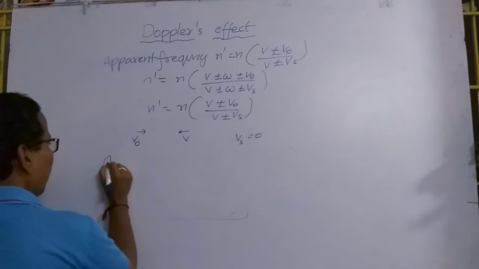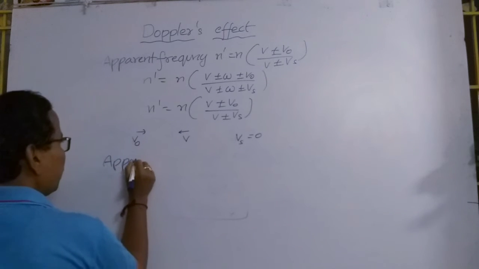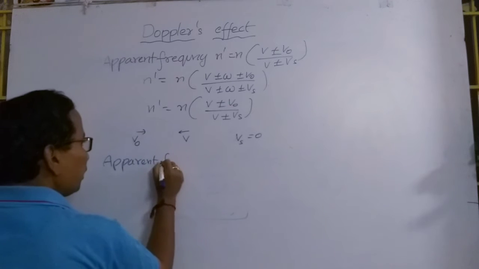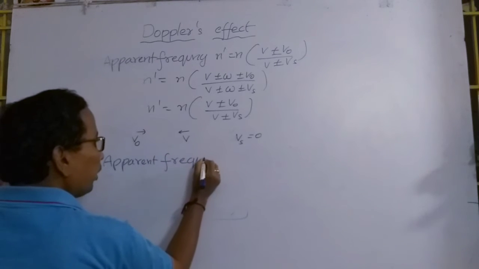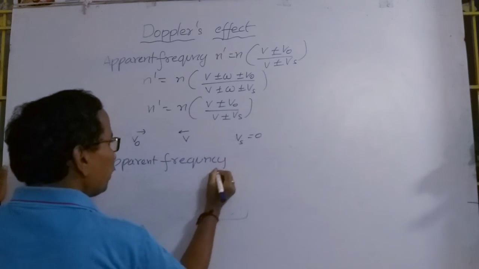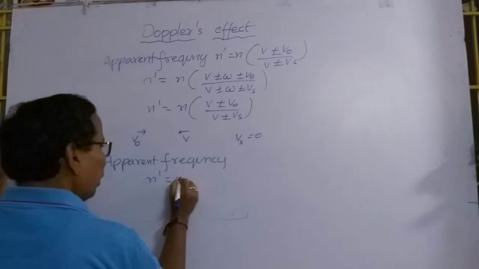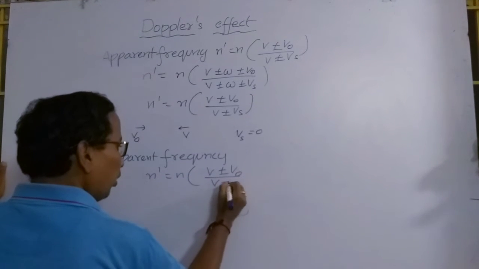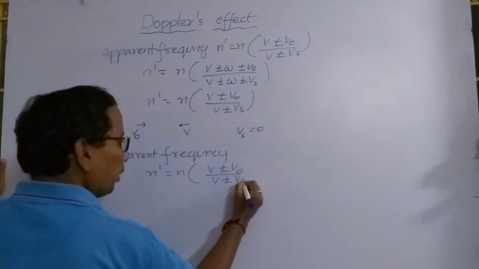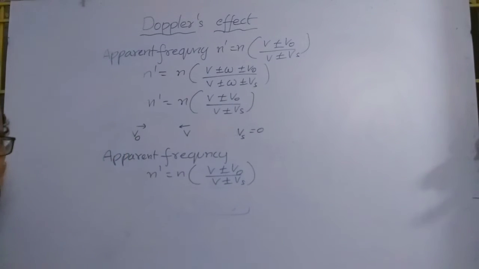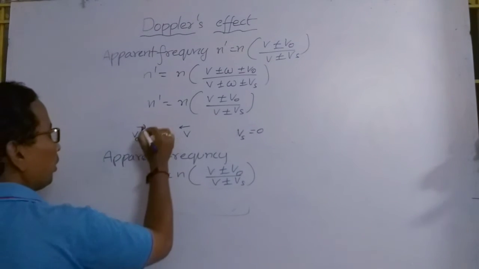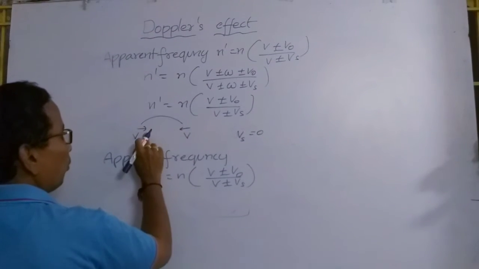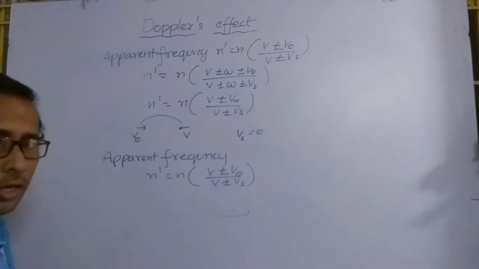So now you can write the apparent frequency n dash is equal to n into (V plus or minus V naught) by (V plus or minus Vs). Here this is the main one. Now compare these two: both arrows are in opposite direction.